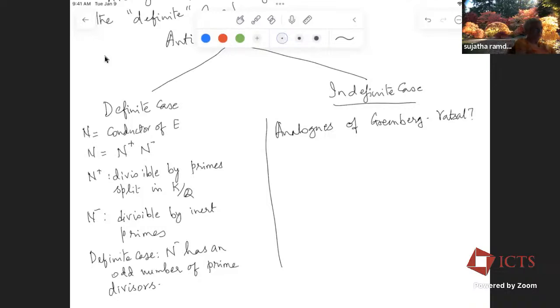So now with Filippo Nuccio, we had worked directly with the residual representation.